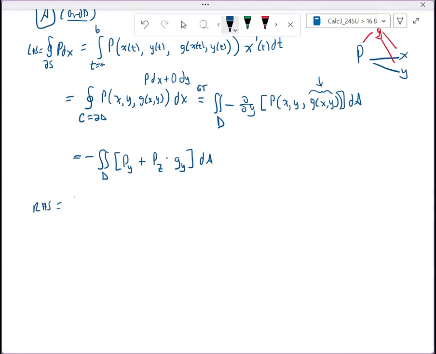So my right-hand side, switching gears now to the other side. Well, what is this? This is the double integral of curl pi hat dot unit normal dS. It's that integral.